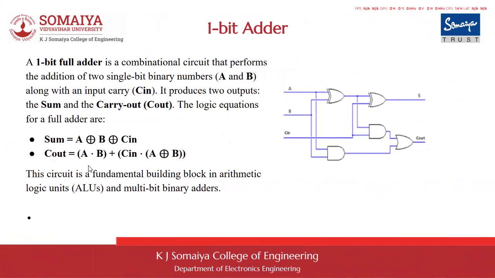So over here we have two equations, which are the sum equation and the carry out equation. To make a full adder, we will be taking help of these two equations, and we will be constructing a circuit using complementary pass transistor logic.